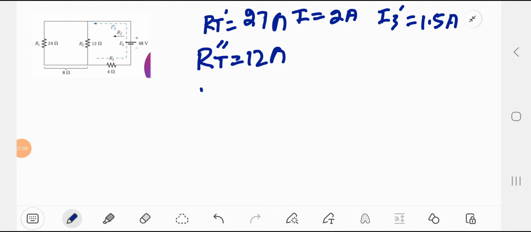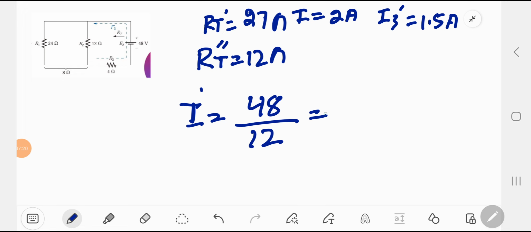So if we are going to find the total current, which is equal to 48 divided by 12, which is 4 ampere, and which is equal to the current across the resistance with the effect of the E2 potential.